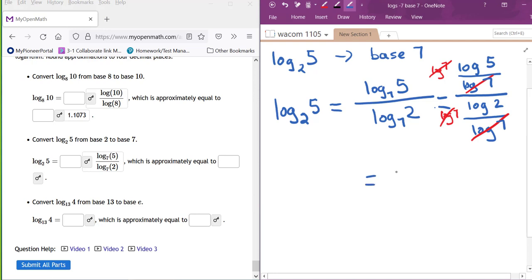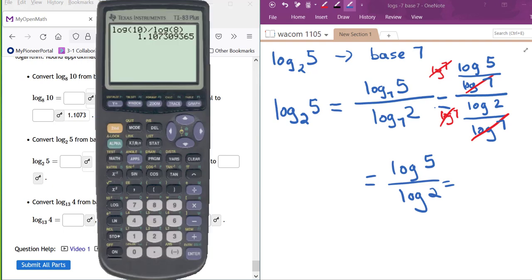So now, to go in my calculator, I'm going to take the log of 5 over the log of 2. And I can evaluate those. So log of 5, close your parentheses, divided by log of 2, close the parentheses, and enter.